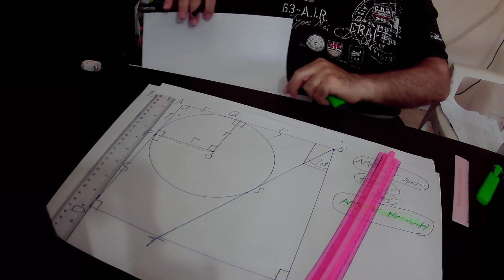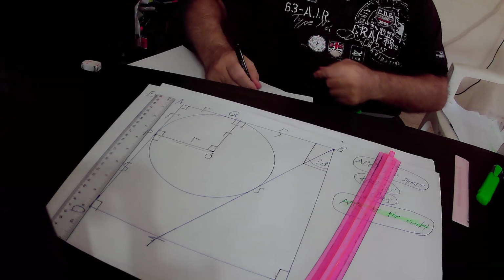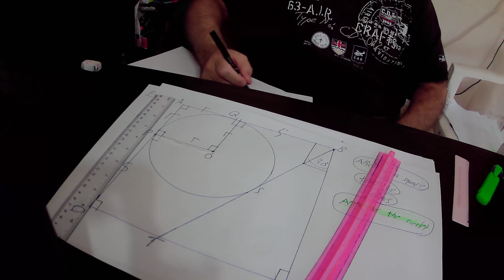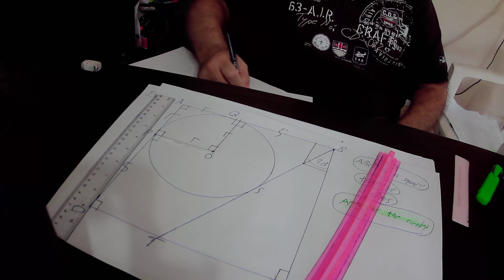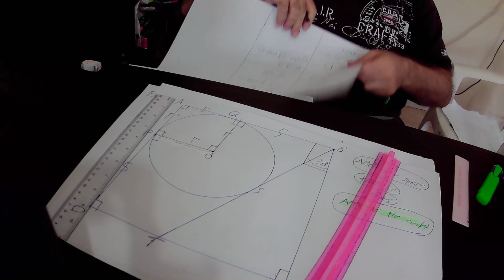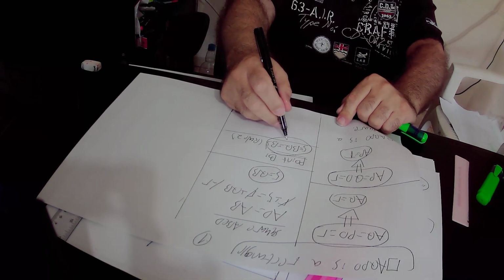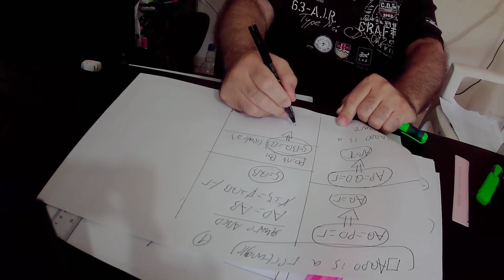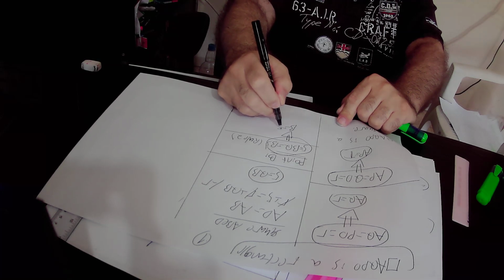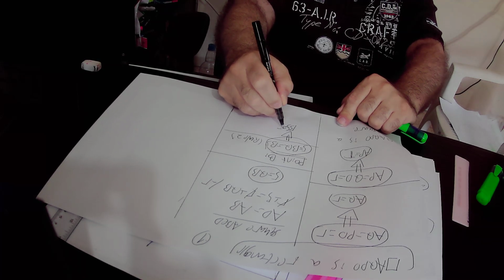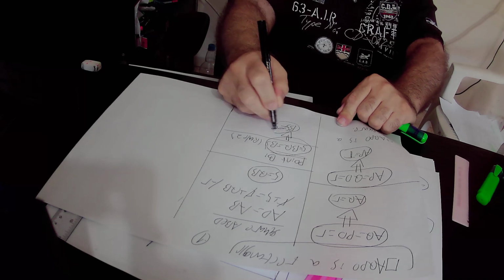So we can write here that BQ equals 5 units. And from this equation, 5 equals BQ equals BS. We will derive that BS is also equal to 5 units. BS equals 5 units.